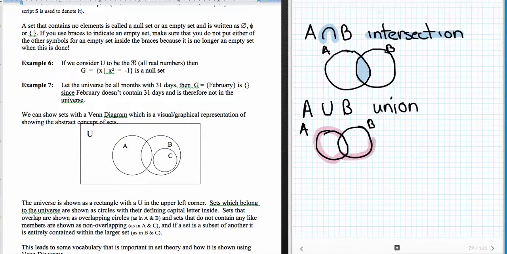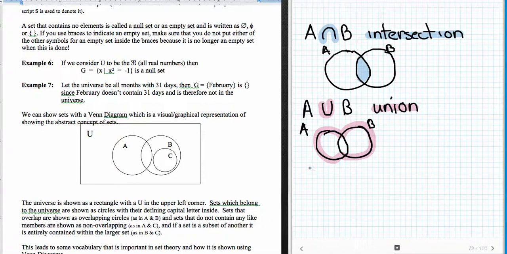So I like to show this by traveling around the outside edge, and you see that captures everything in here. And even though this little eye-shaped piece would be in both of them, I don't say it twice. I just say that it's in there, right? Once I've got it, I've got it.